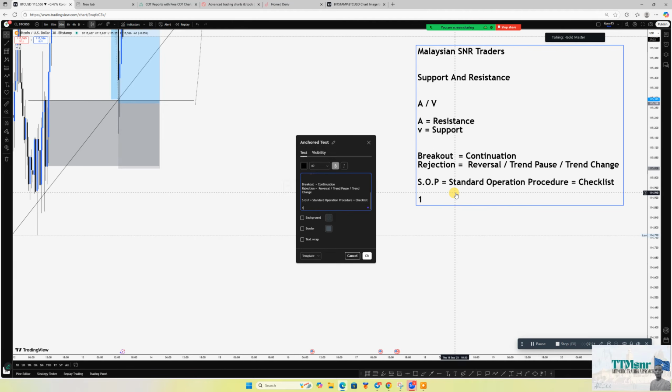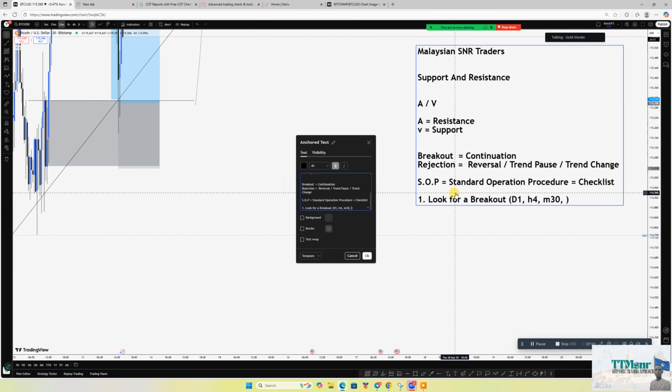So SOP number one is look for a breakout. Which time frame? You can look for D1 breakout, H4 breakout, M30 breakout, M15 breakout, or M5 breakout.